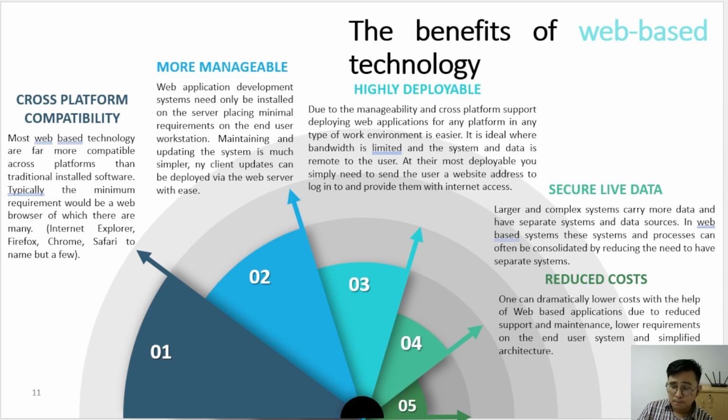It's also secure because the data is connected in real time. Large and complex systems carry more data and have separate systems and data sources. Meanwhile, in a web-based system, the systems and processes can often be consolidated, reducing the need for those kinds of systems.